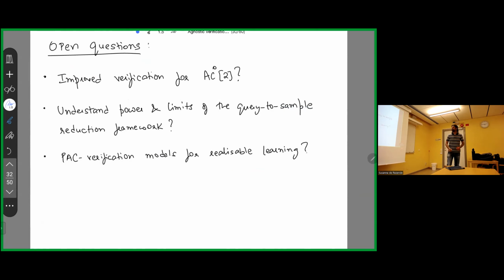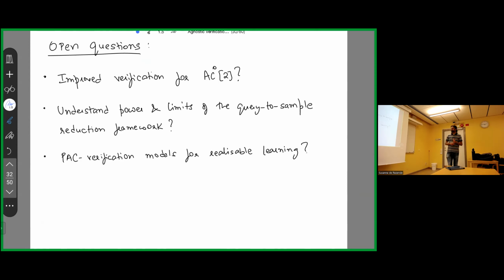And finally, I have a few open questions. For AC0 parity, we have a multiplicative approximation in the hypothesis. Can we do any better and just get an additive approximation? And I haven't spoken much about the query to sample reduction framework, but so far we only used it to show two protocols, and there's a lot left to do in understanding how far we can go and what we can't do with this.